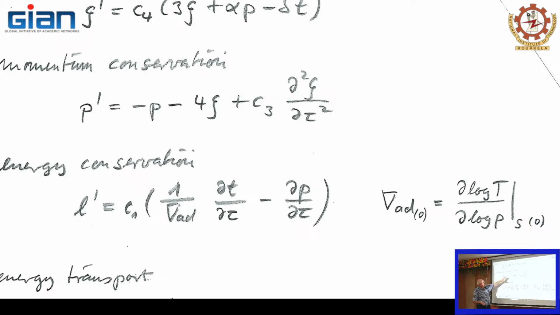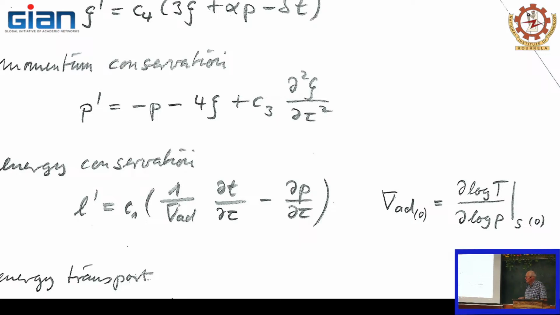If we don't require that these two bracketed terms vanish in the center of the star at r equal to 0, which is one of the boundaries of our integration domain, then we will capture irregular solutions which spoil everything. Okay, keep this in mind. It's important to consider singular points whenever they are there.